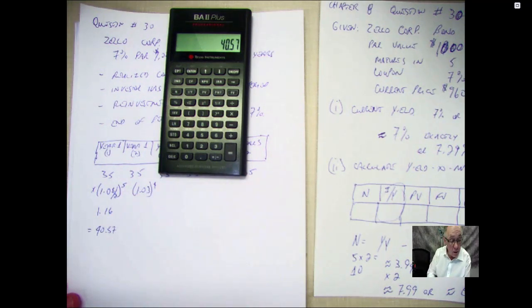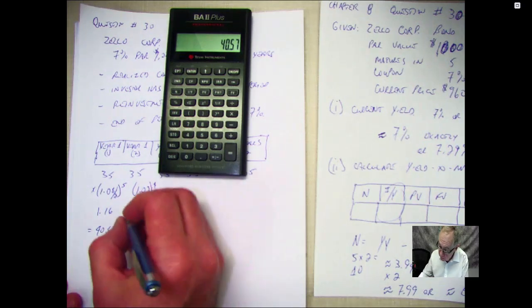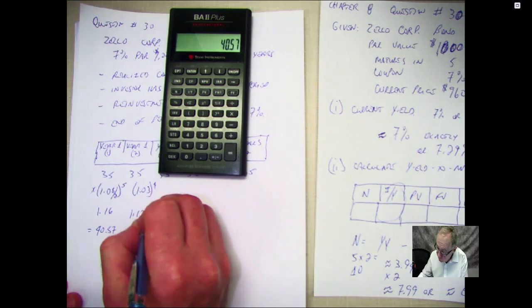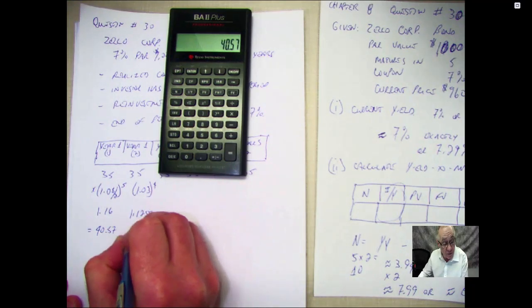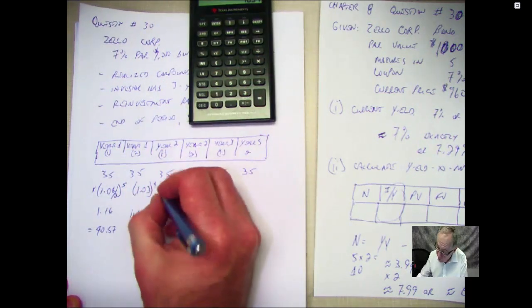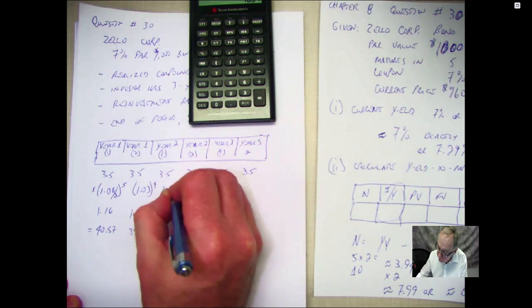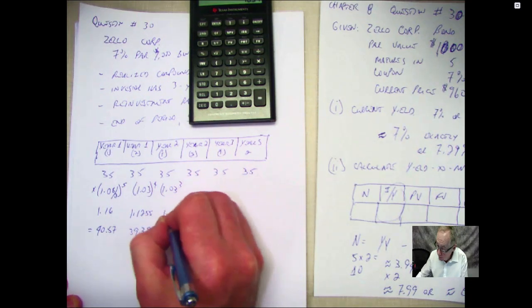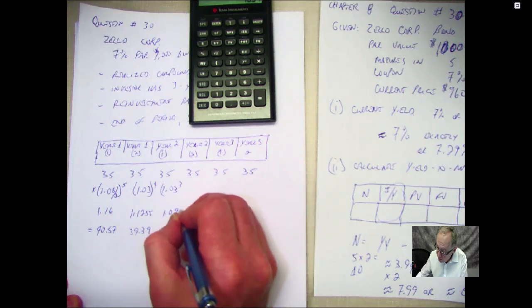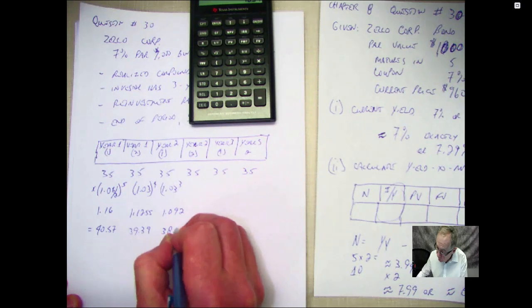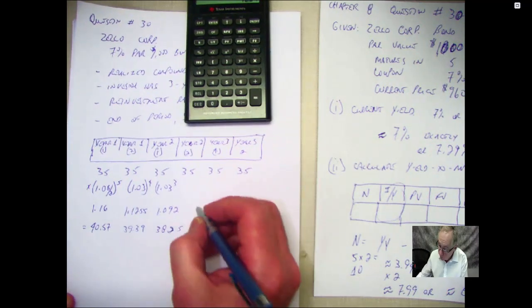We work through then the second piece: 1.03, but only 4 periods, and that solves to 1.1255 and gives us $39.39. For the third piece, the factor is 1.092, and that's going to compound to $38.25.